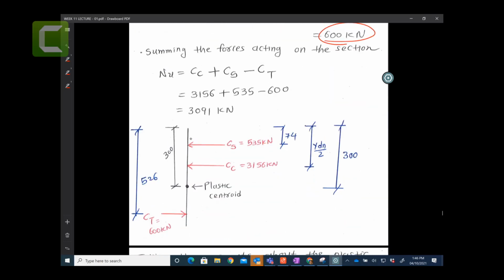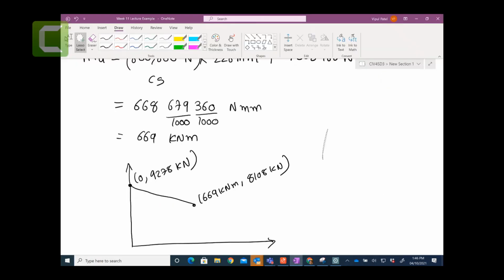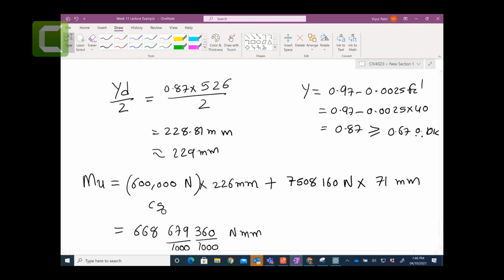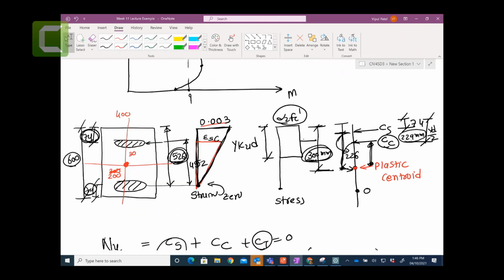So now again, you remember these diagrams. The only difference from the previous diagram and this diagram is that we have these forces. Previous diagram meaning these diagrams here. We take these diagrams, and in here we have just an addition of, instead of 0, this CT, the tensile force.